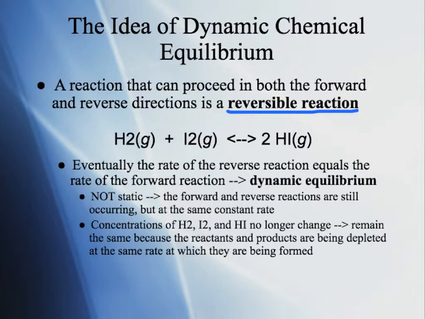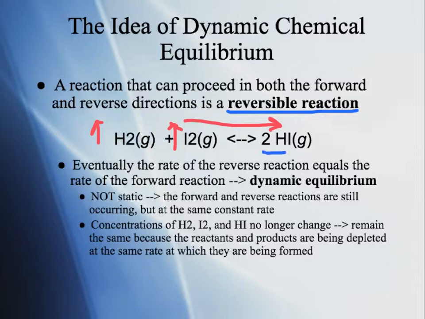Now, eventually, as it goes forwards and backwards, the rate of the reverse reaction will equal the rate of the forward reaction. So if we are making hydroiodic acid in this direction, and we've got a very large amount of reactants, then we're going to have a lot of products being made. However, we know that this is a reversible reaction, so this hydroiodic acid is able to degrade back down.